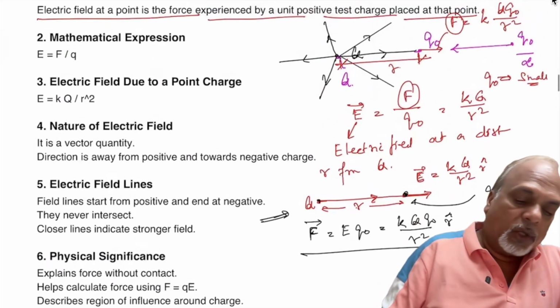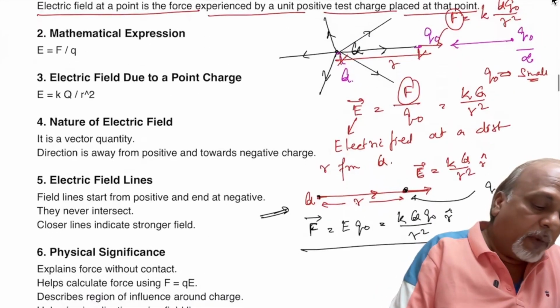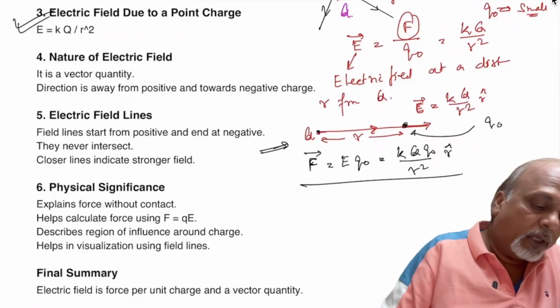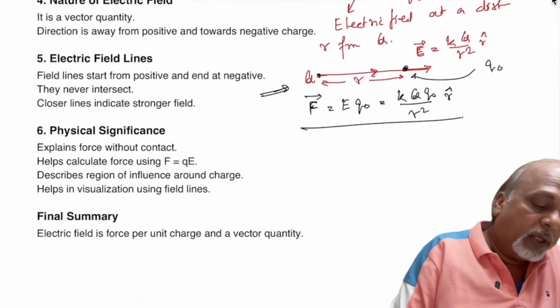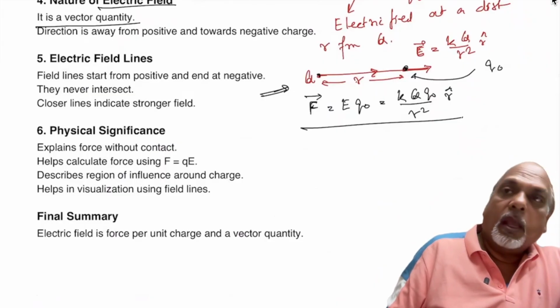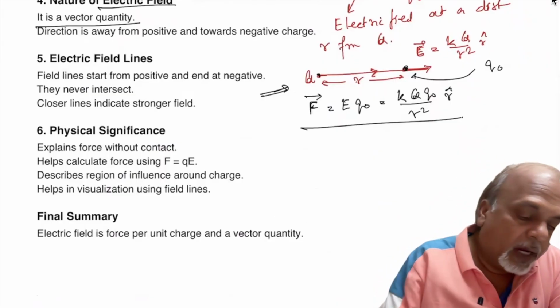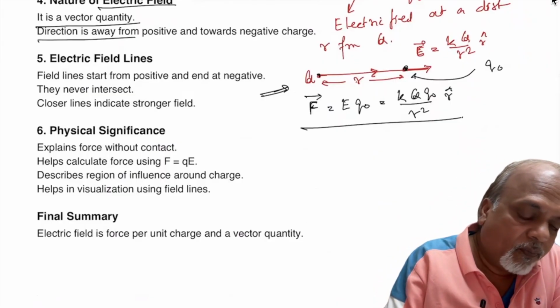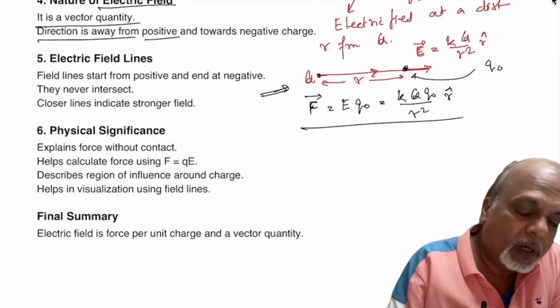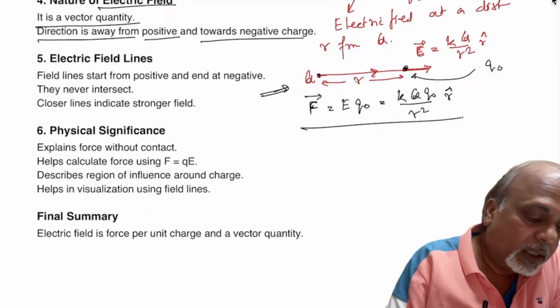Now we can review the mathematical expressions we have seen: electric field due to a point charge, and the nature of electric field. Of course, it's a vector quantity, and the direction is away from the positive charge, of course, because it will be repulsive, and towards the negative charge.